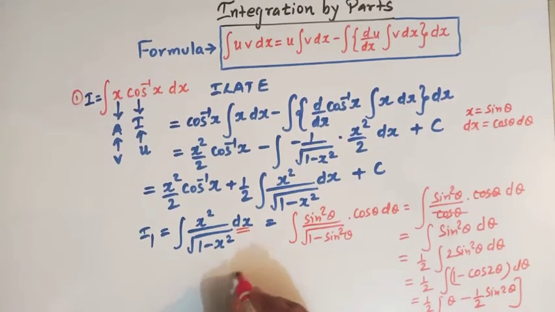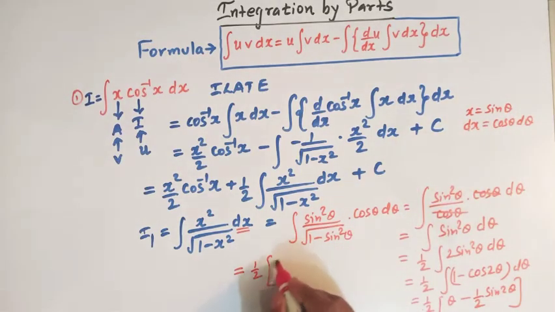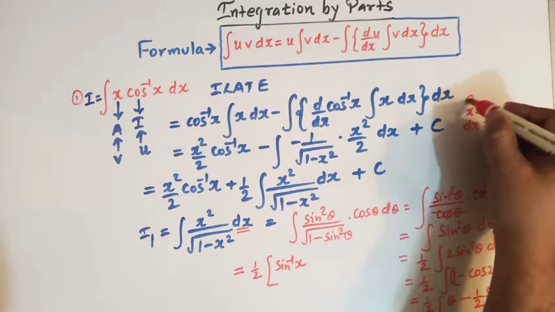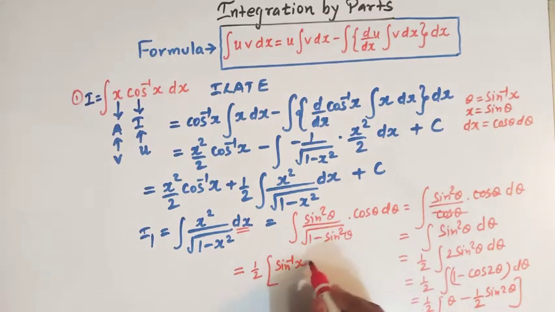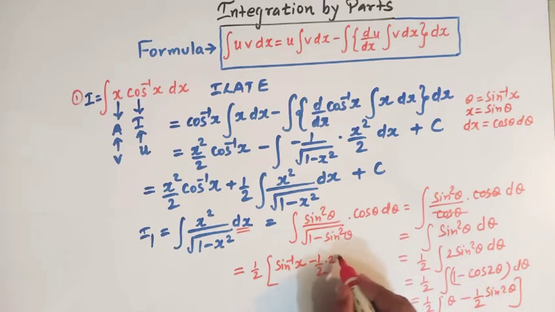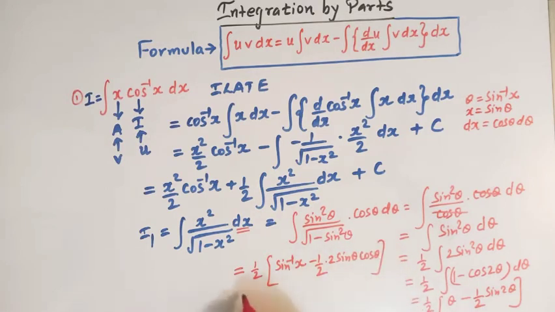Now this can be written as half, and for theta we can write sine inverse of x, because here theta is sine inverse of x, and here we have minus half, sine 2 theta is 2 sine theta cos theta.